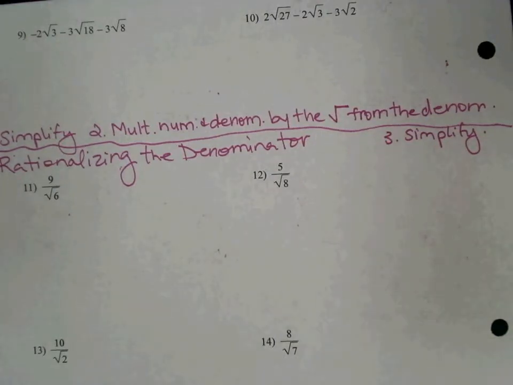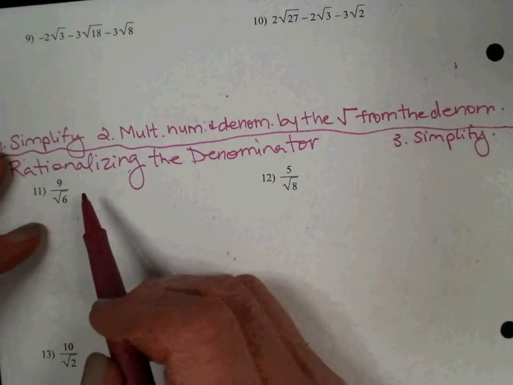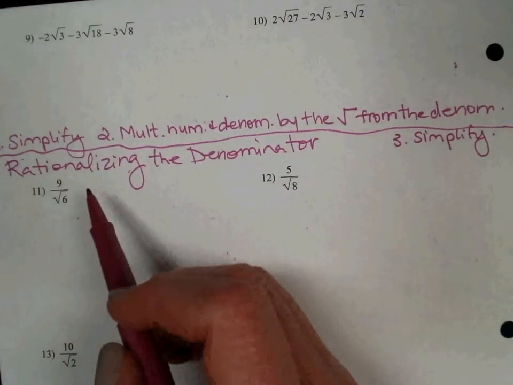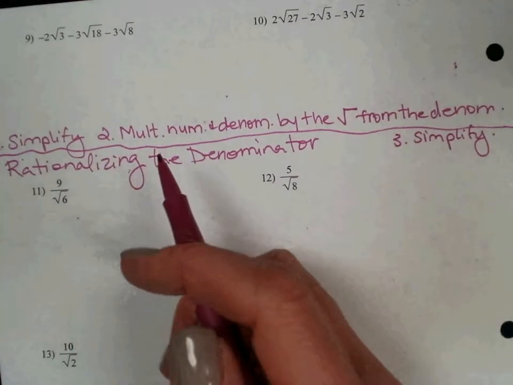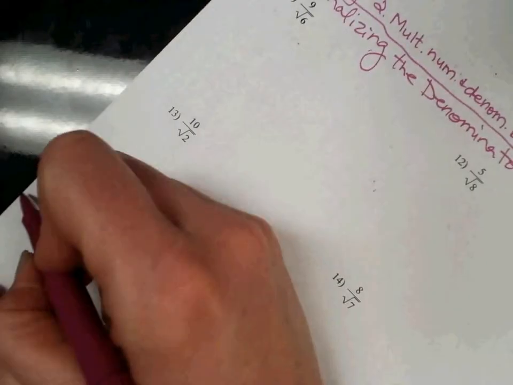So 11, we can't simplify anything. The 9 and the 6, we can't simplify since the 6 is under the radical. So it's off limits to just simplify that with the 9. So we jump to step 2. The thing about radicals in the denominator, that is not considered the simplified form of a fraction. You can't have radicals in the denominator.